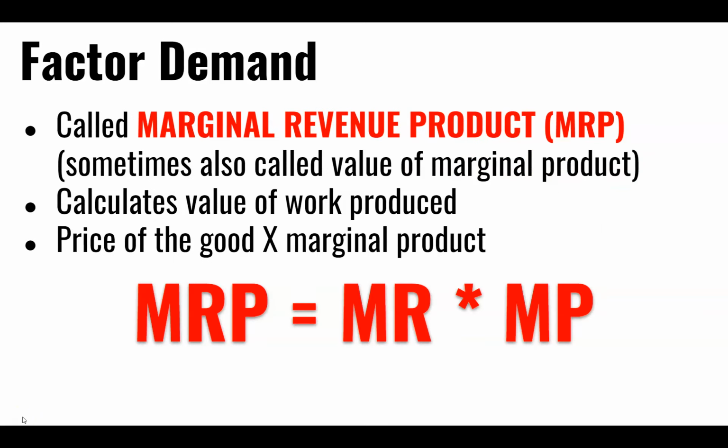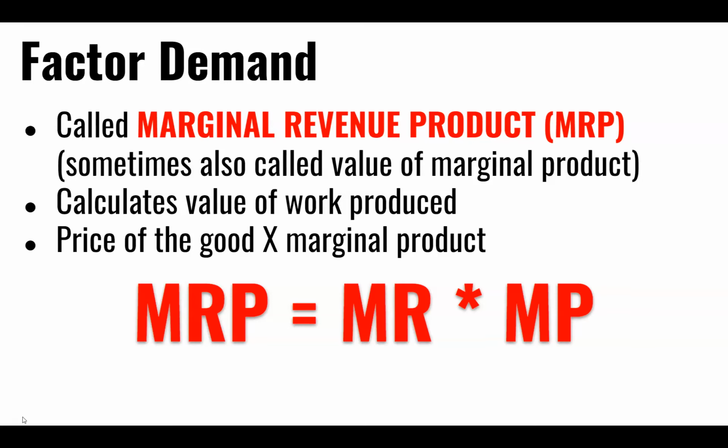The amount of each factor that I need or demand for my business is driven based on the marginal revenue product created by each of those factors of production. The marginal revenue product is sometimes also called the value of the marginal product. And what it's measuring is how much money is being generated by each factor of production. It's calculating the value of their work.